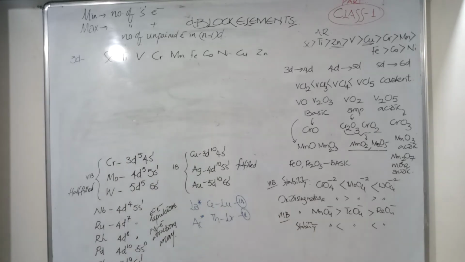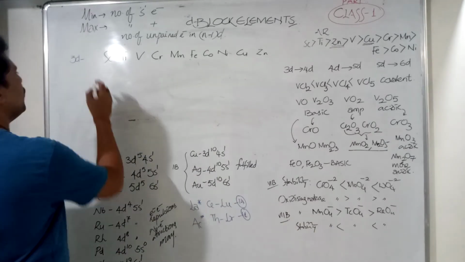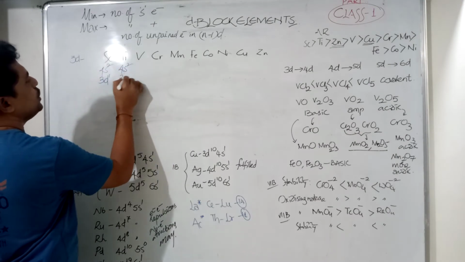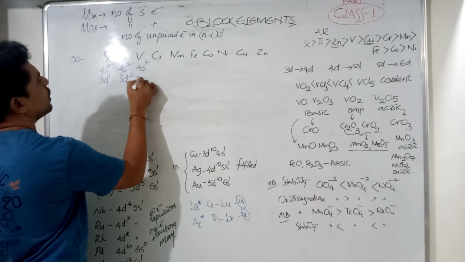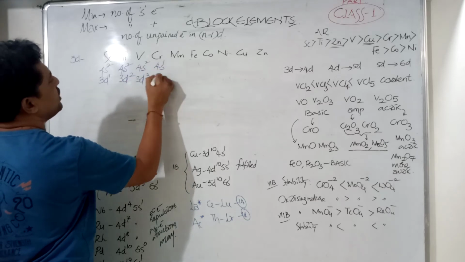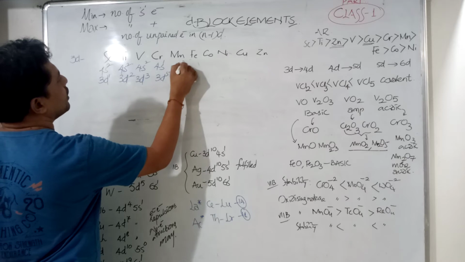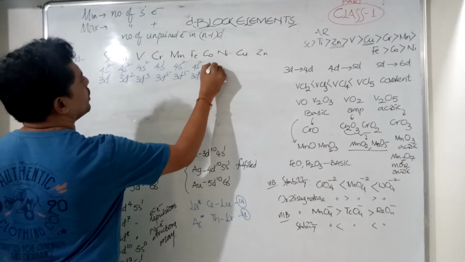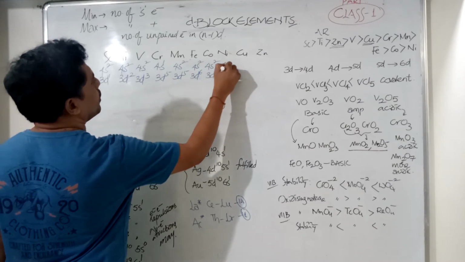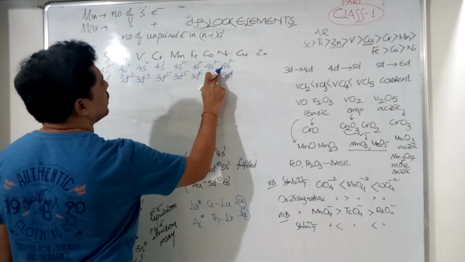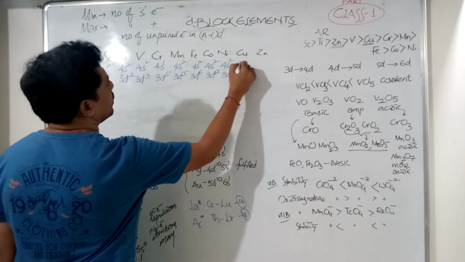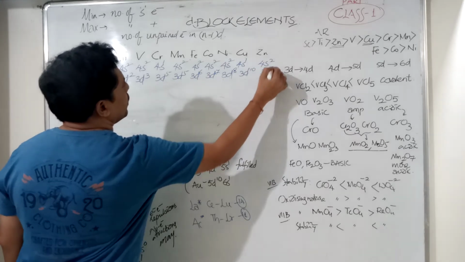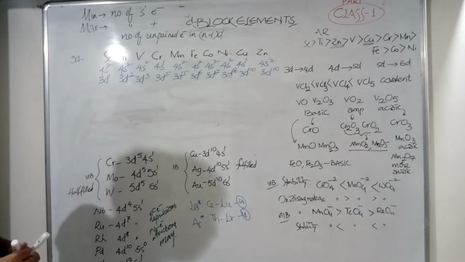The electronic configurations are like this: 4s2 3d1, 4s2 3d2, 4s1 3d5, these are the electronic configurations.